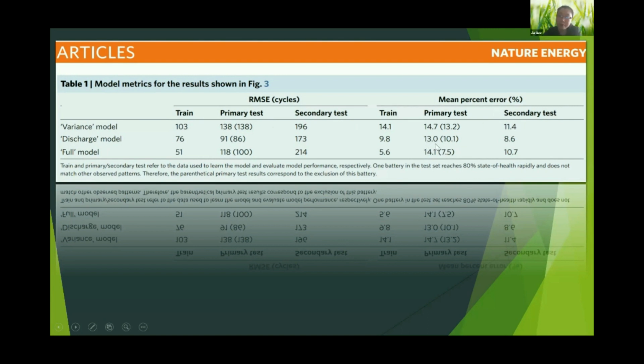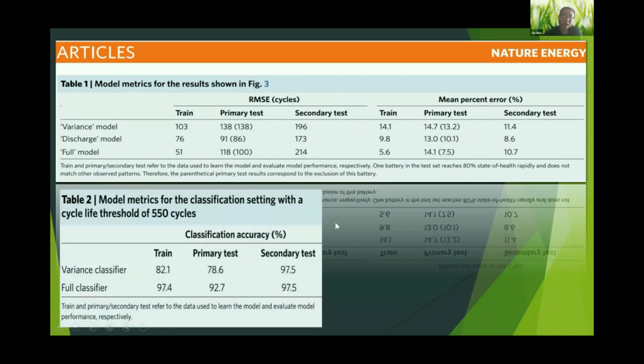For example, here 13.0, in the parentheses 10.1, is the result after optimization. After classification, the primary test is not that satisfactory; the result is only 78.6%. However, after optimization, the result is greatly improved to 97.5% in the secondary test.